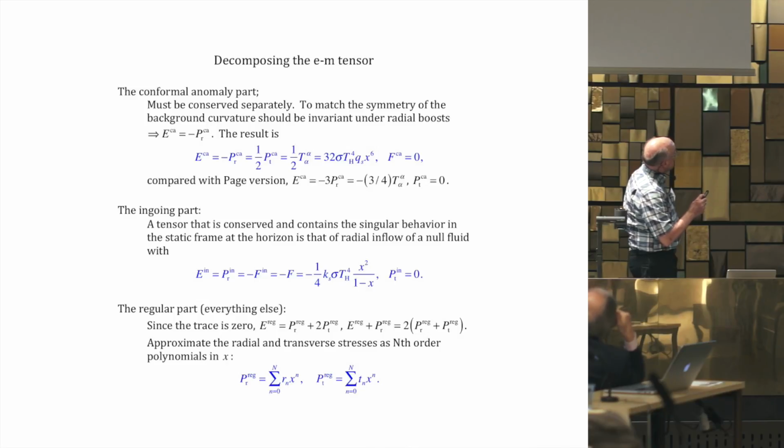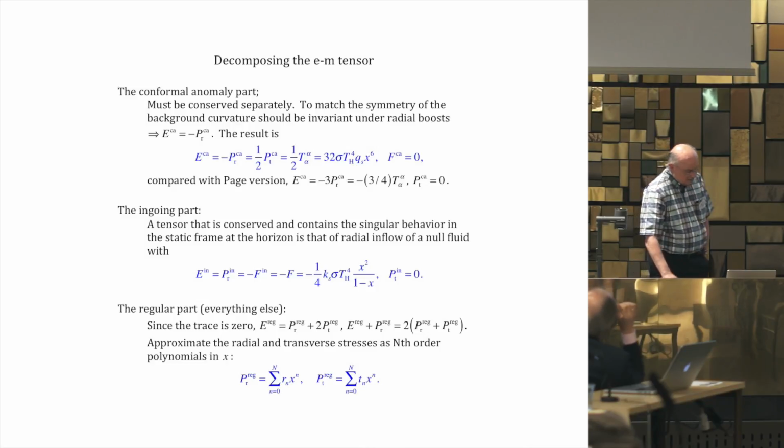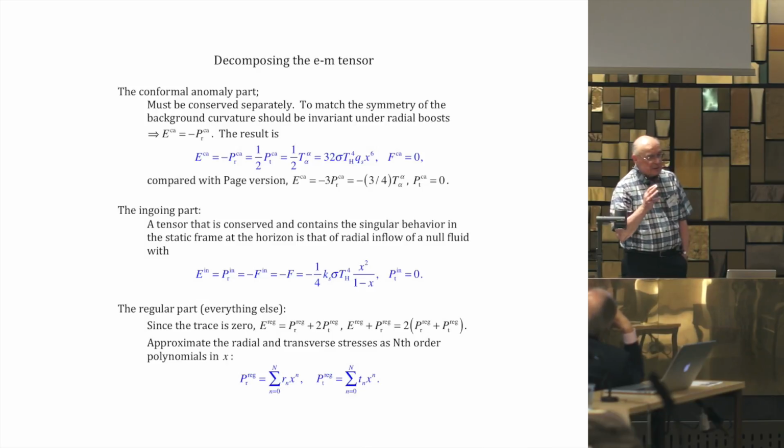In particular, the conformal anomaly gives a trace to the energy tensor but by itself doesn't tell you much more. But one can make the following argument: the trace just depends on the geometry of the background. It doesn't depend on the quantum state.